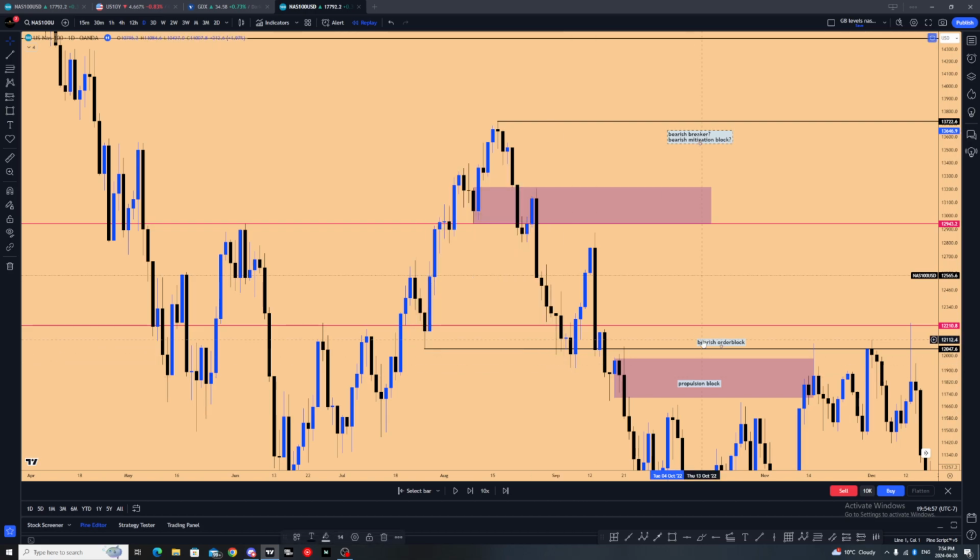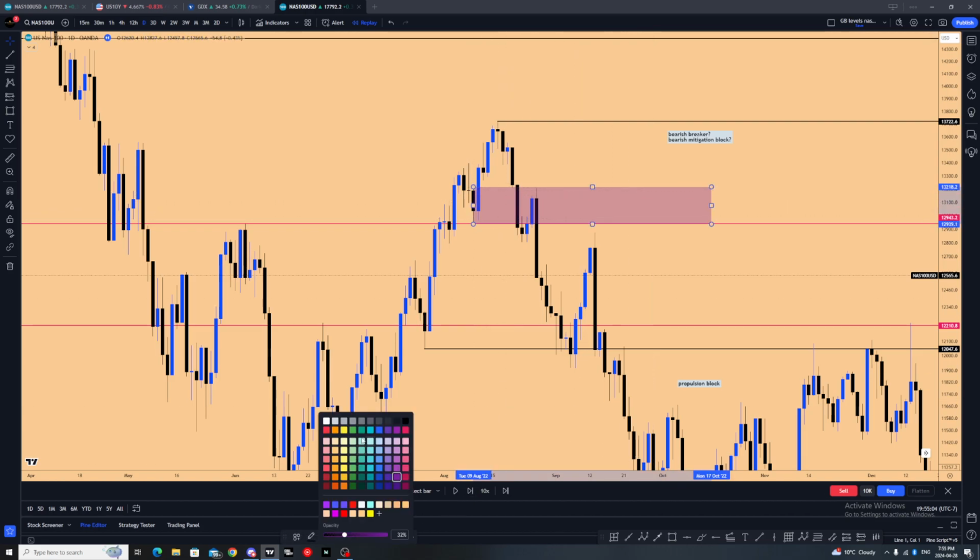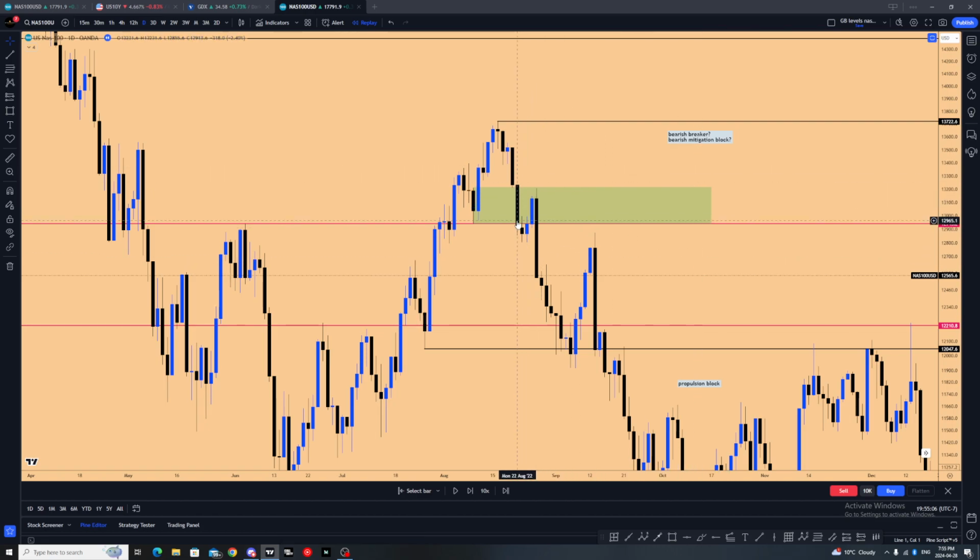This is your next question that you need to be answering. This bull candle, when it broke down, when price broke below it, would that be classified as a bearish breaker or a bearish mitigation block?